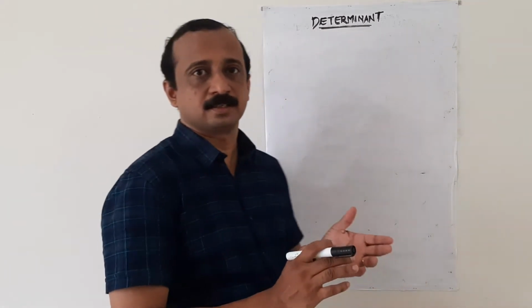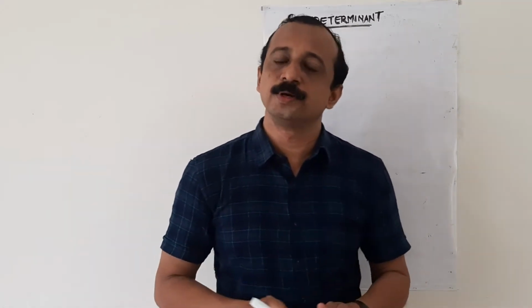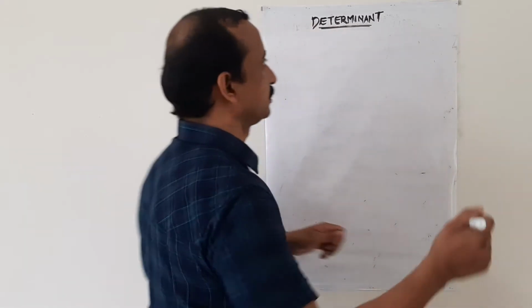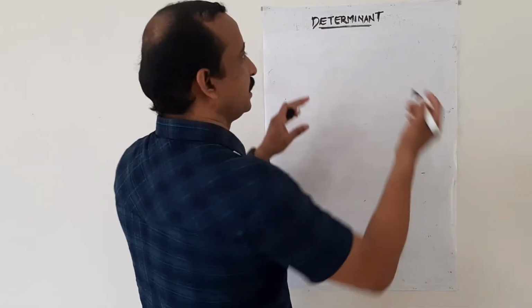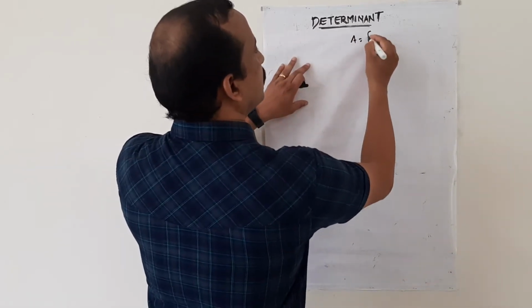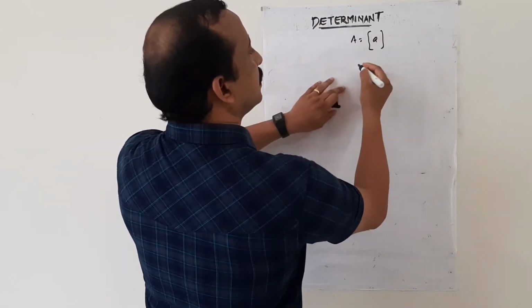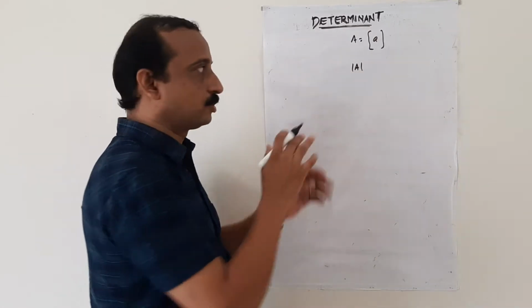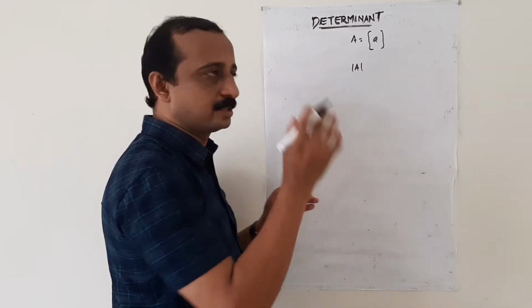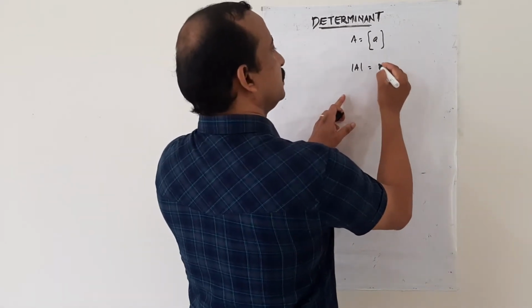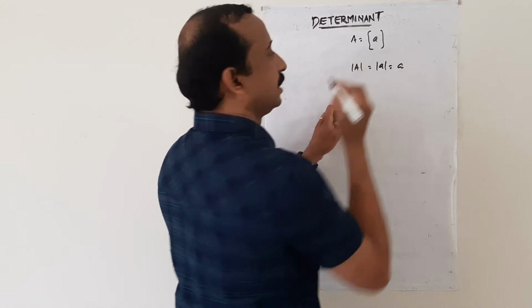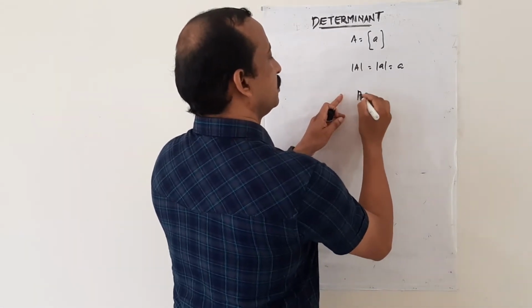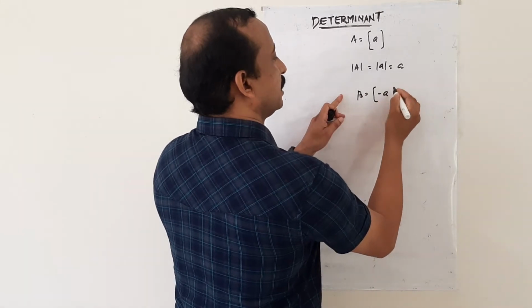First of all, we discuss the determinant of a 2 by 2 matrix, how to find the determinant value of 2 by 2 matrices. Actually, for a 1 by 1 matrix, suppose A is the matrix [A]. The determinant of A, denoted by these symbols, is not a modulus value, it's a process. The determinant of A is A. Suppose B is the matrix [minus A].